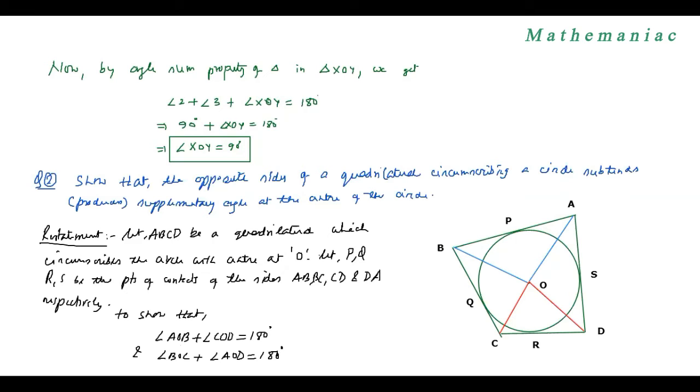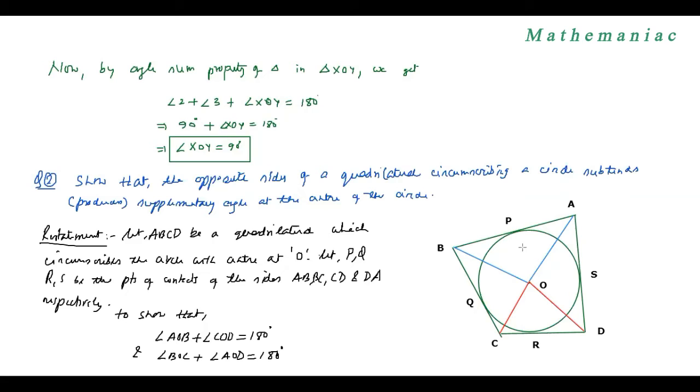So this is our target. Now, as we have already got angle AOB mentioned in the question, you need not write in the construction about joining AO and AB or OB, etc. Whatever we are going to construct, that you can mention in the construction.